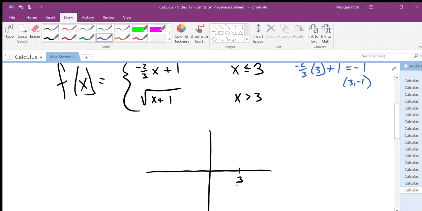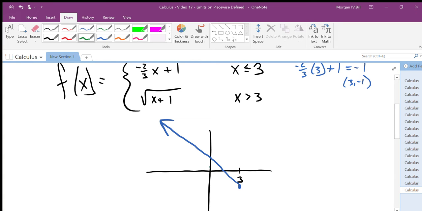And I have this line, which passes through the point (0, 1) and has a slope of negative 2/3. Maybe not the best graph there, but something like that. It's a closed circle because of the "or equal to" sign in x less than or equal to 3. But it stops there because to the right of 3, we have the curve square root of x plus 1.